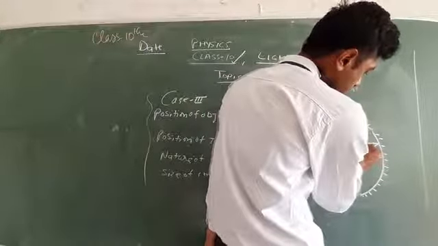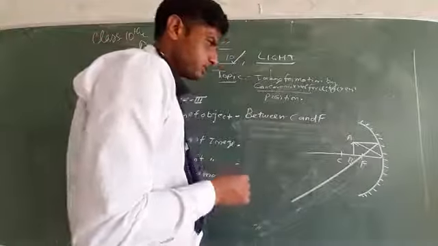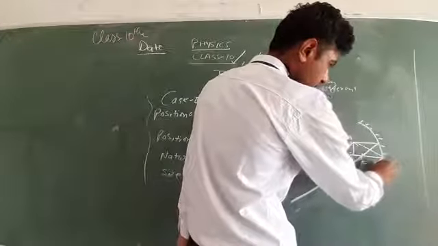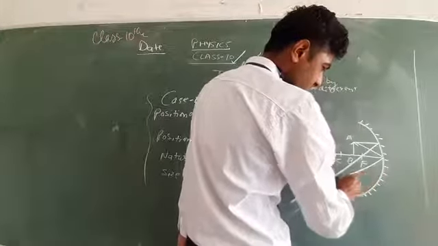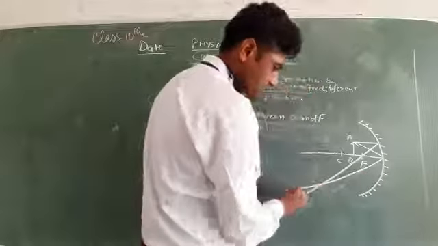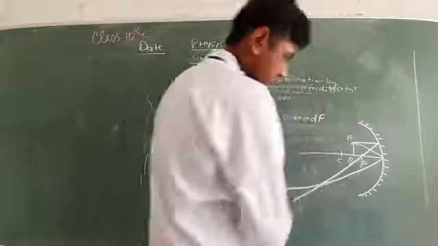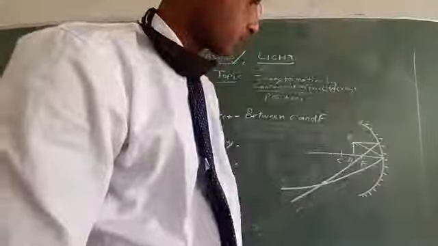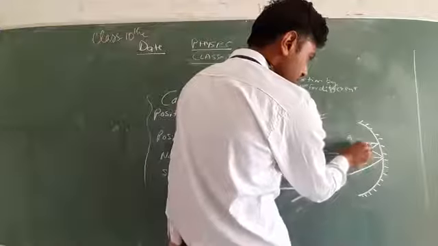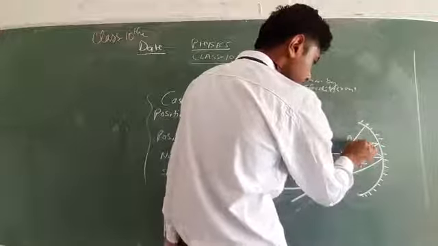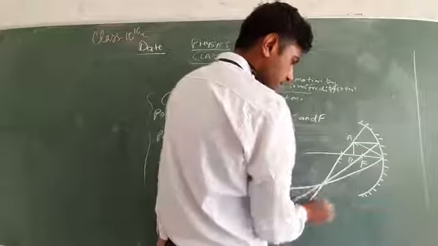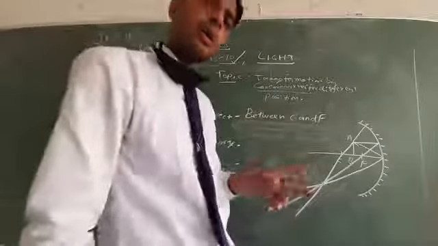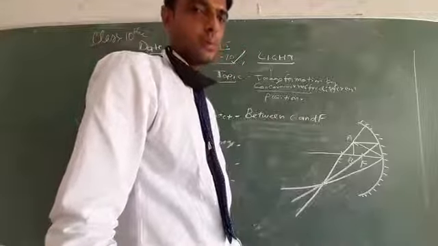Let this ray pass through the pole. After reflection takes place, it intersects this ray at this point. You can take the ray that passes through the center of curvature. This also intersects at this point. So you can take two rays or more than two rays. There is no problem.